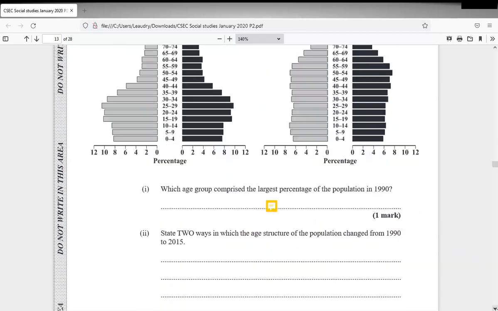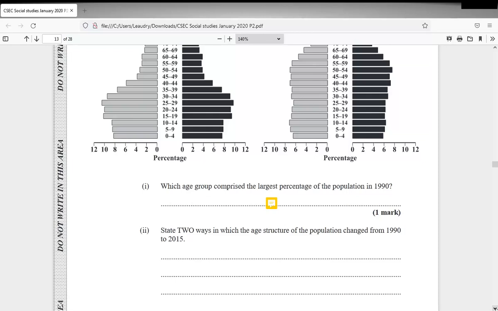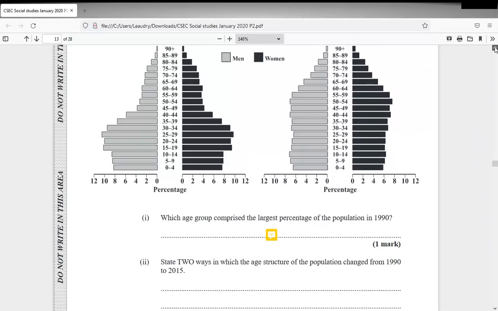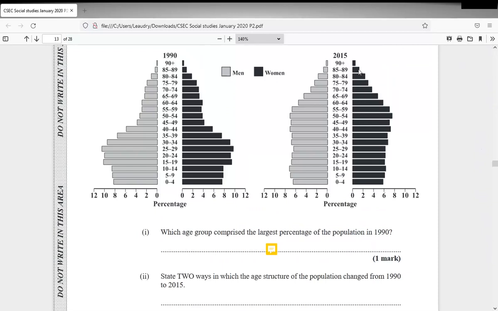So that's one way. Also, another way, if we look at the aging group, when we compare the two, we see that there was a larger percentage in 2015 when compared to 1990.